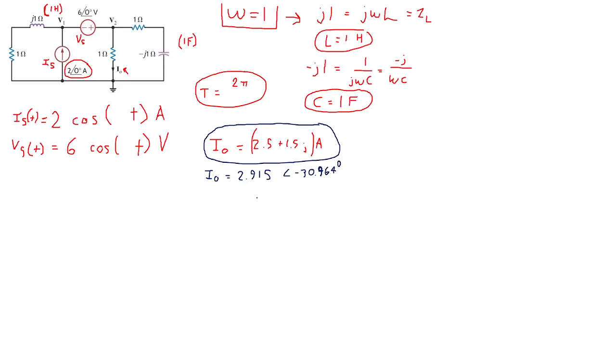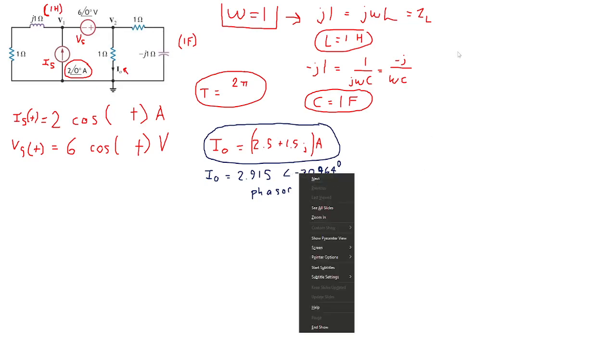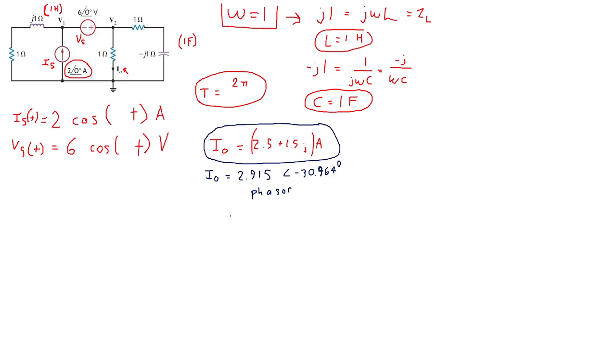That's not going to fit, is it? Oh, just barely. Okay. If I was being better about this, I would rewrite it so it's a little bit easier to see. So we get 2.915 at an angle of minus 30.964.